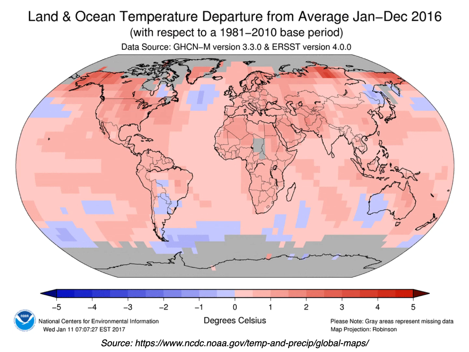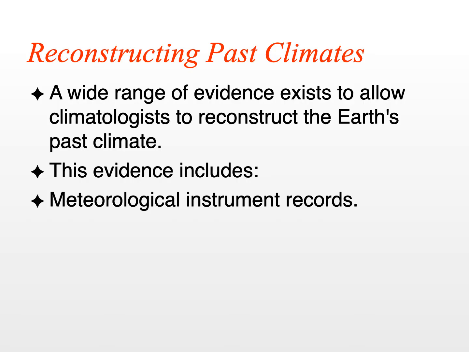The last thing I want to talk about in this lecture is just how do we reconstruct past climates. The most obvious method would be just to use meteorological instrument records, but these records only go back so far.